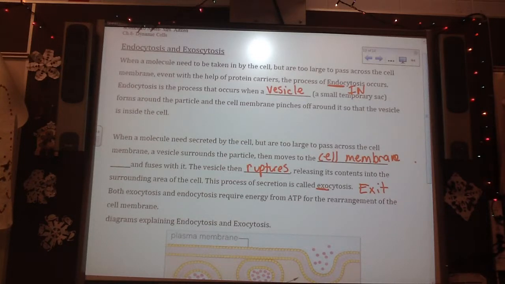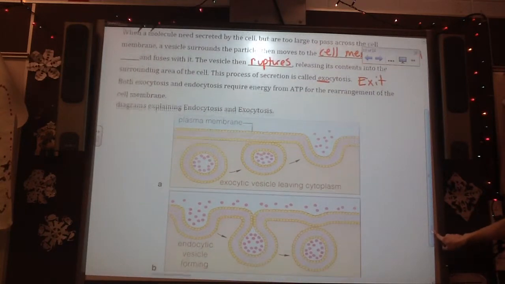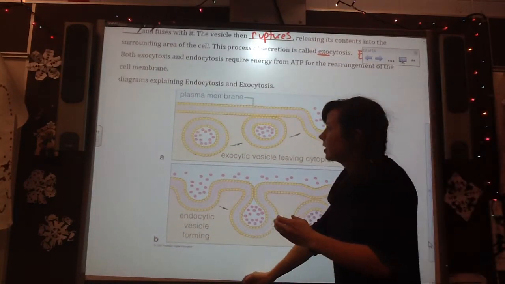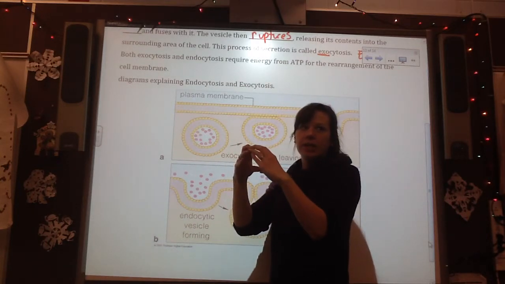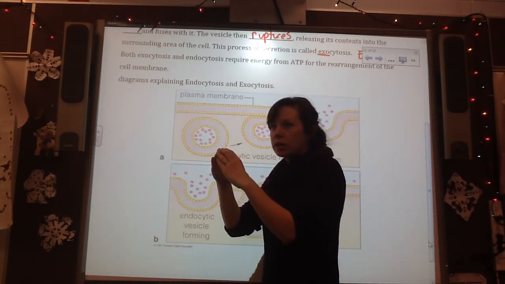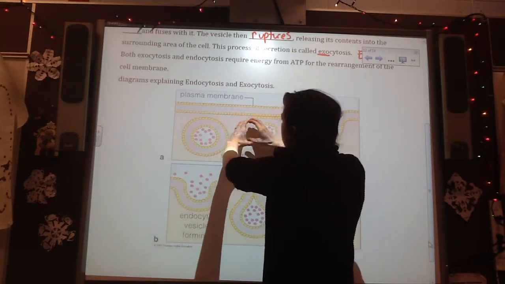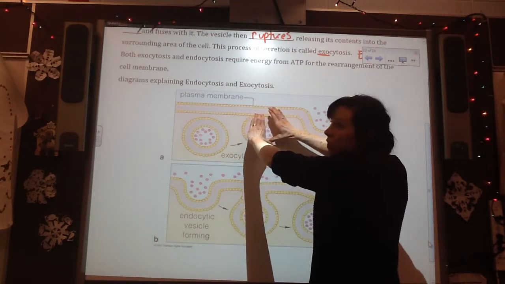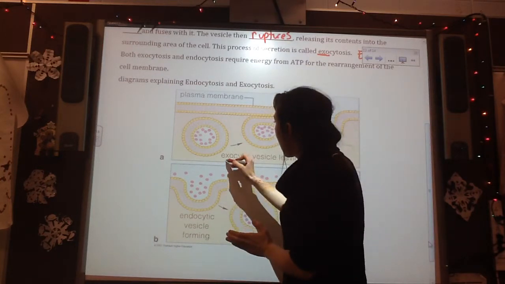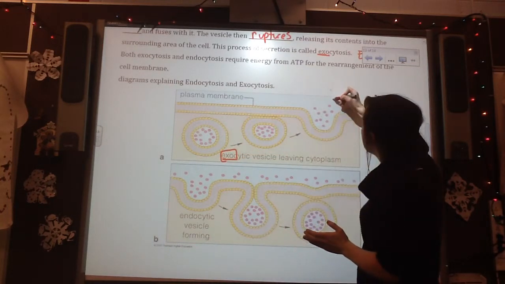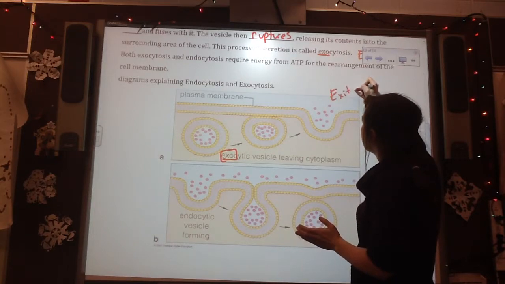Okay. So here, in our little diagram, here's a vesicle, and the vesicle is structured in a way that it has the cell membrane substance around it, so it comes up to the cell membrane and it fuses with it and then lets it go. So this is exocytosis because the particles are exiting, right?